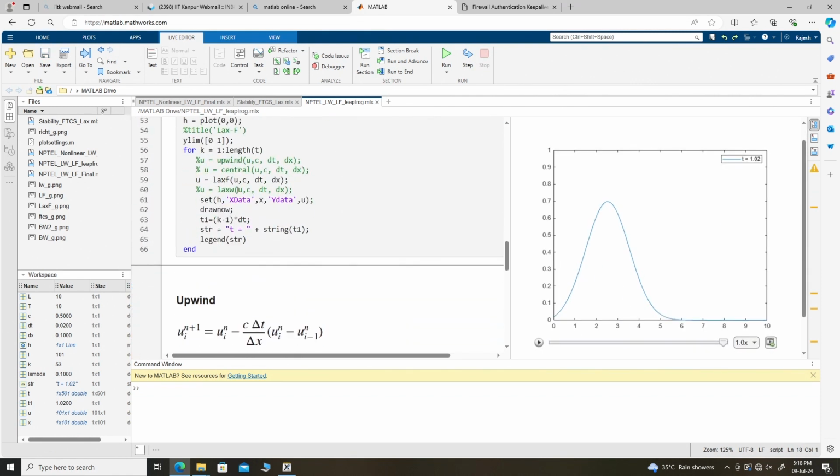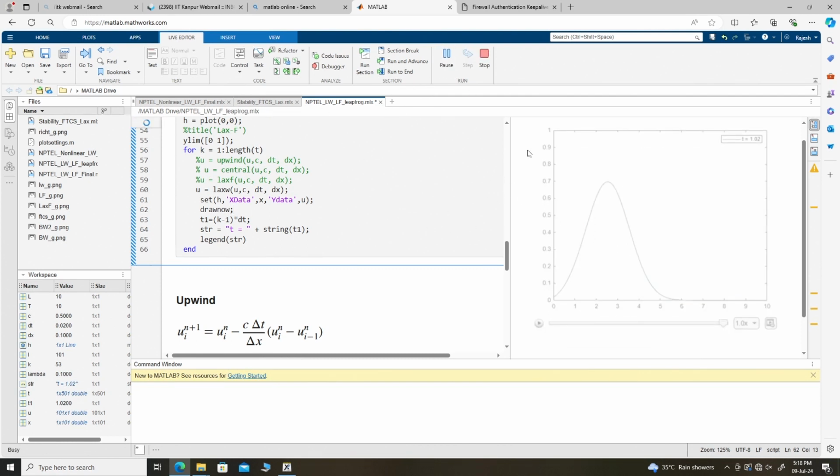and let us look at the last scheme, which is the Lax-Wendroff scheme. In the Lax-Wendroff scheme, we know that we just add the right amount of dissipation to make the FTCS balance. So, let us run the Lax-Wendroff scheme, and you can see that the amplitude does not go down.